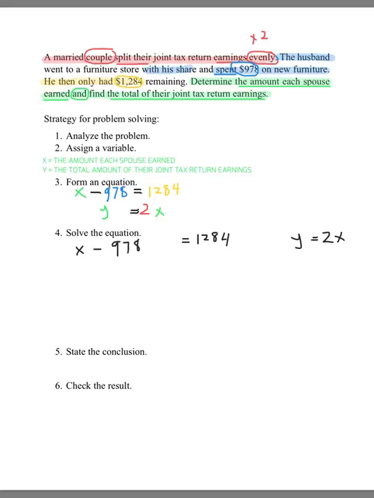Notice that the first equation is only about the variable X. So we could go ahead and solve this one for X. Now what we want to do is undo the subtraction of 978. The only way to undo subtraction is through addition. So we're going to add 978 to both sides of the equation.